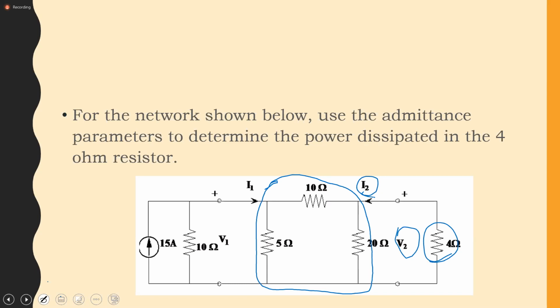V2 over I2 would equal 4. Right. So V2 over 4 is equal to I2. All right? Okay, now I'll tell you up front that that is only correct to a point.